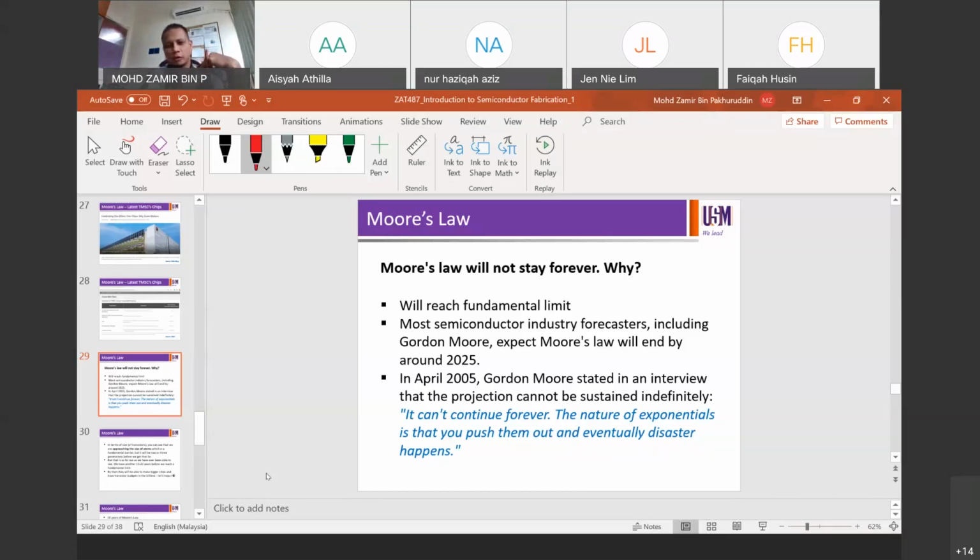So the question is, can we go down to the limit? It's just that, can our printer, or lithography process, print down to 0.2 nanometer? The answer for now, for 2020, is no. Later we will learn about the lithography process. You will see that the lithography process is actually driven by optics.